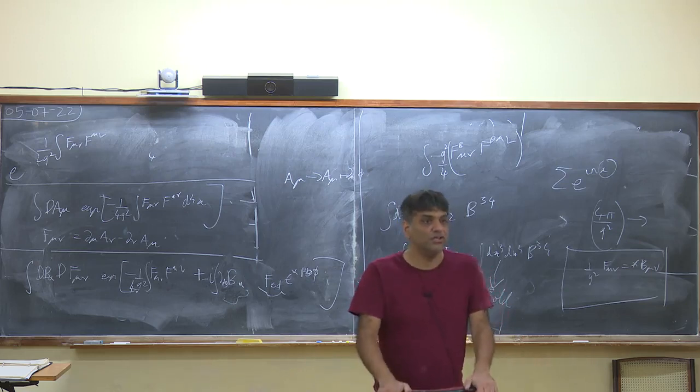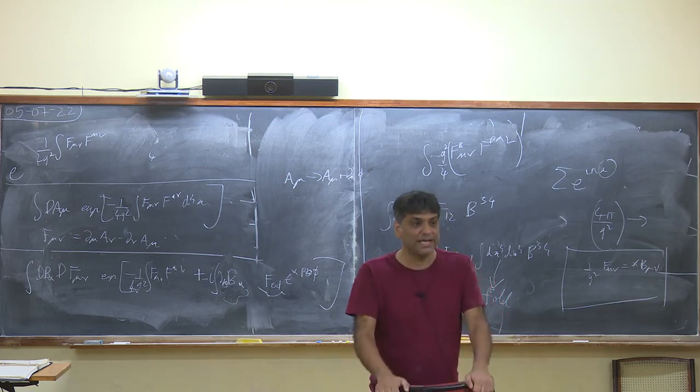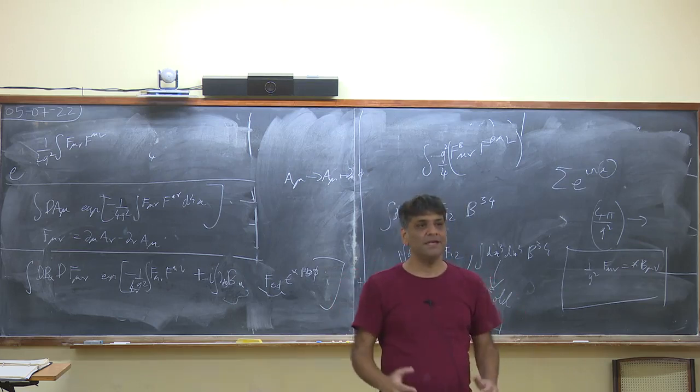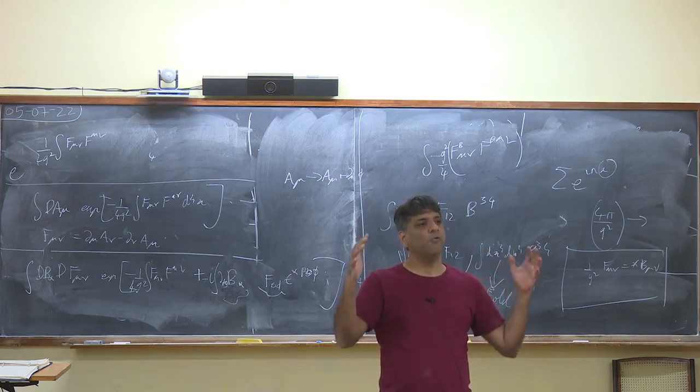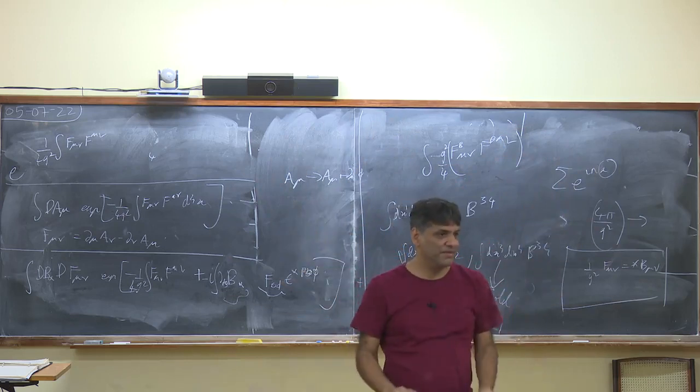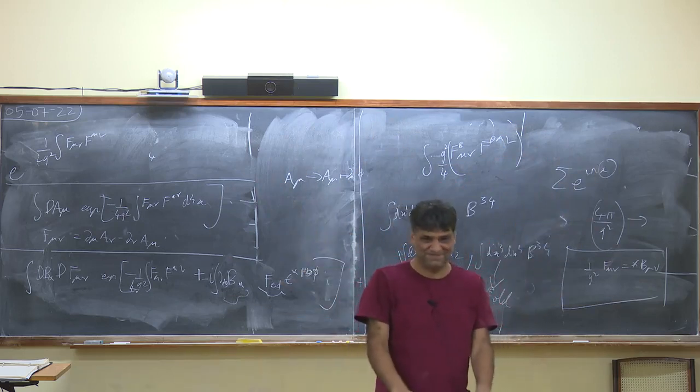So the thing that Seiberg and Witten suggest is the following. Suppose that you cannot cover all of moduli space in one description, in one kind of path integral description.